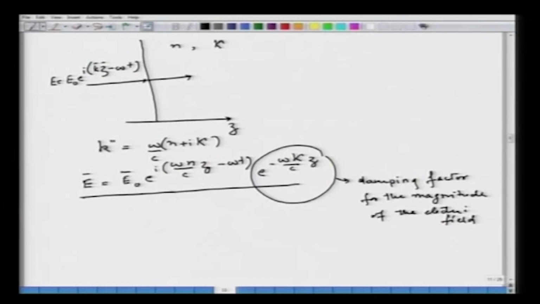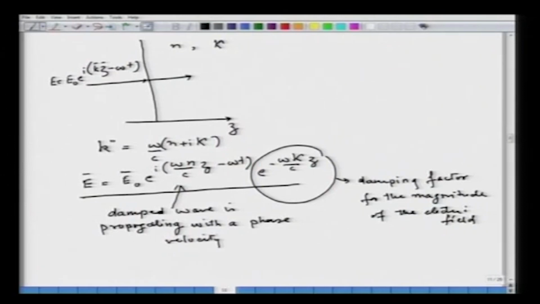And its speed is also changed by a factor n. So, the damped wave is propagating with a phase velocity of c by n.